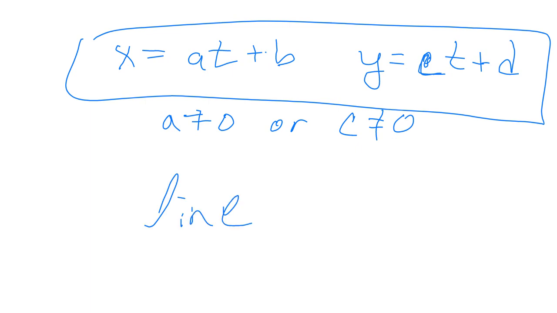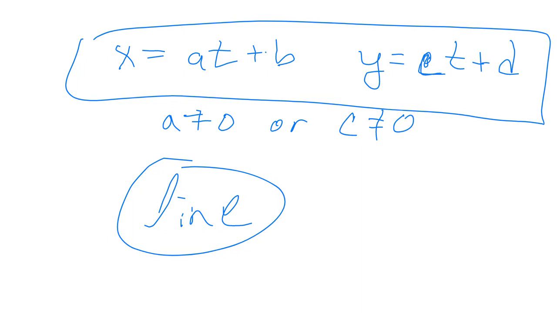The plane curve is a line. Does that make sense? You can solve for one in terms of the other, as long as they're not both constants, because then you can't substitute, like I did there, solving one of the equations for t and substituting it into the other equation.